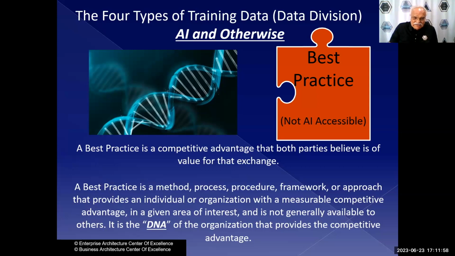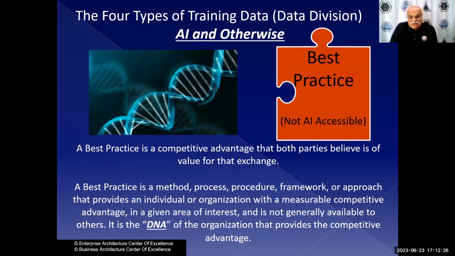A best practice is a competitive advantage that both parties believe is of value for an exchange. A best practice is a method, process, procedure, framework, or approach that provides an individual and organization with a measurable competitive advantage in a given area of interest and is not generally available to others. It is the DNA of the organization that provides the competitive advantage.